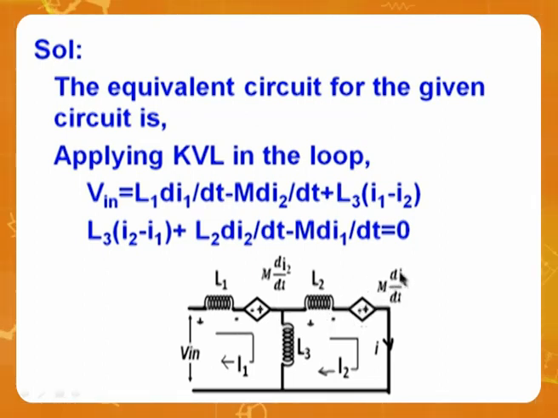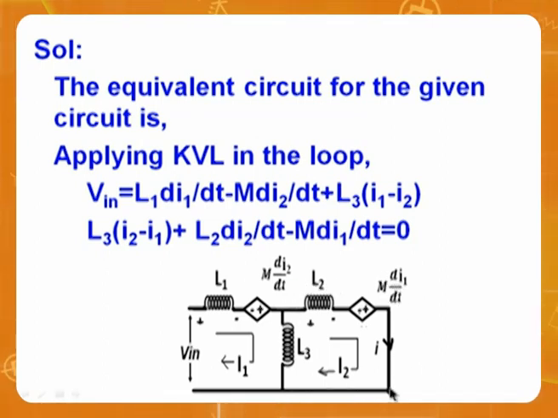That's why when I write here M di1 by dt, when I write here M di2 by dt. Therefore, Vn is equal to L di1 by dt minus M di plus L3 into I1 minus I2. Similarly, if you go here, L2, then go for this.